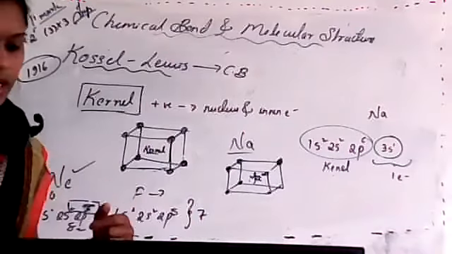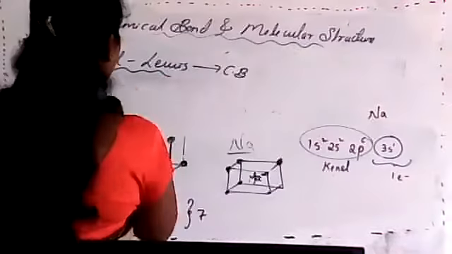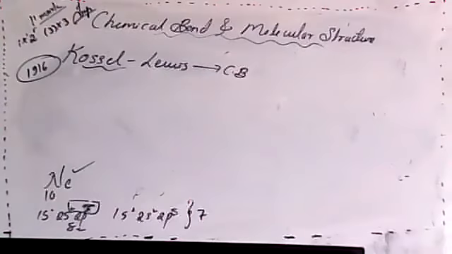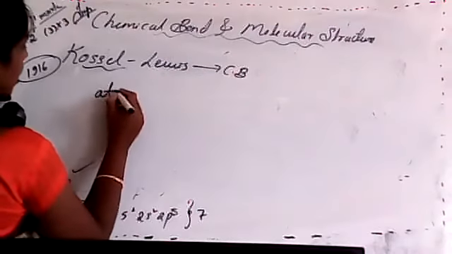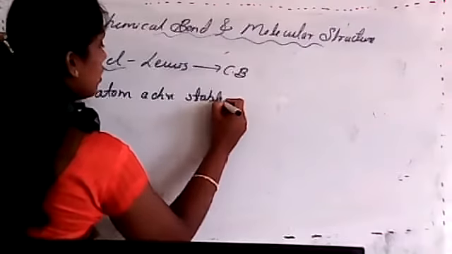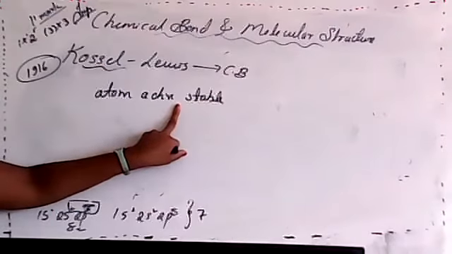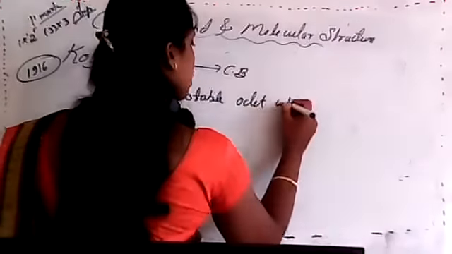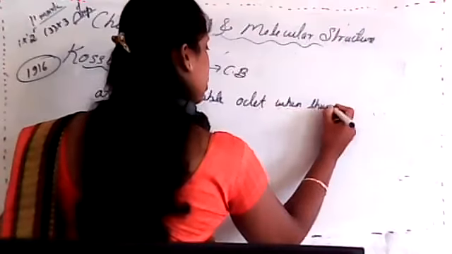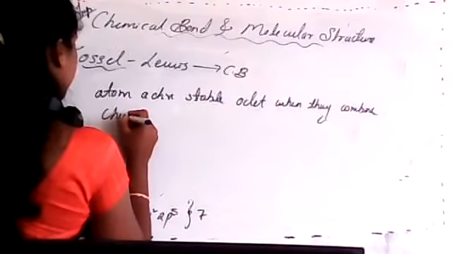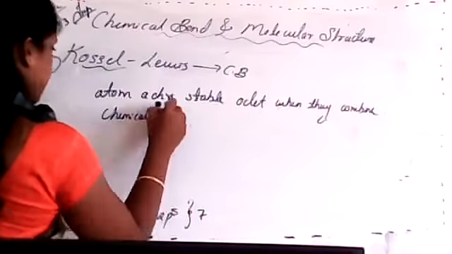Clear? Now the Lewis postulate. According to this, in a chemical bond, an atom achieves a stable octet when they combine chemically.